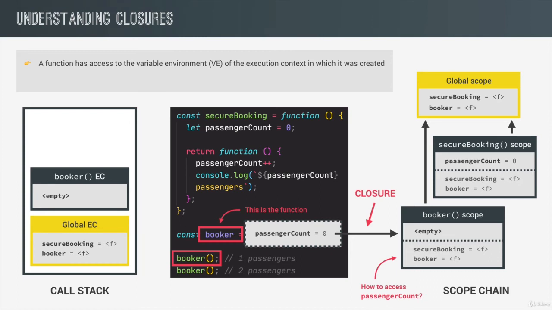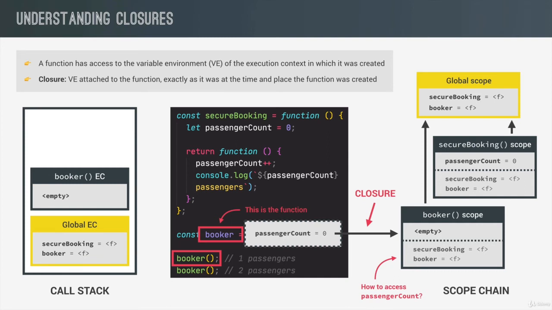The closure is then basically this variable environment attached to the function, exactly as it was at the time and place that the function was created. And this probably still sounds confusing, but don't worry, I have some more familiar analogies in the next slide. For now, we are just trying to understand the mechanism behind the closure, so how it all works behind the scenes.